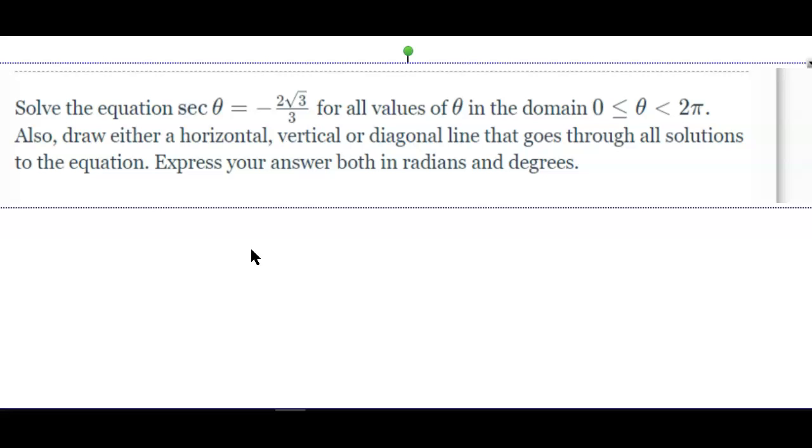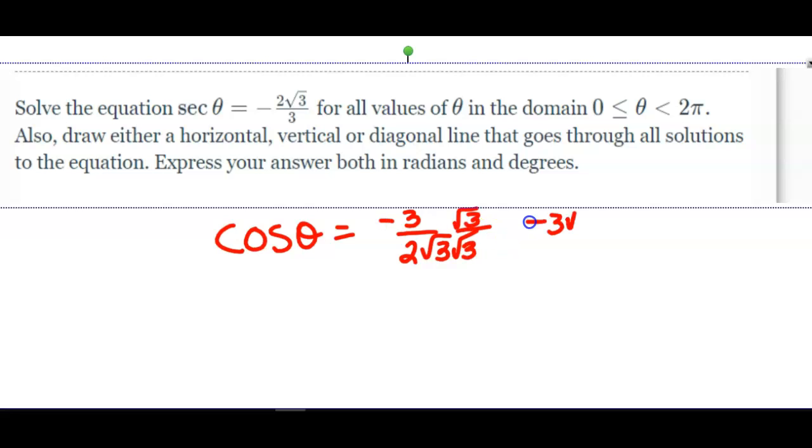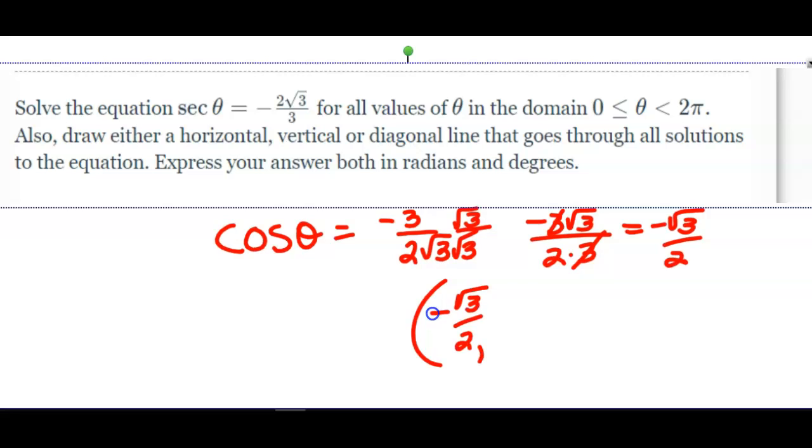If we flip that over, the secant is the flip of cosine. So the cosine is -3 over 2 square roots of 3, which if we multiply by square root of 3 over square root of 3 would make this -3 square roots of 3 over 2 times 3. These 3's would divide out, and I get a negative square root of 3 over 2. That I can find. I need a cosine of negative square root of 3 over 2.